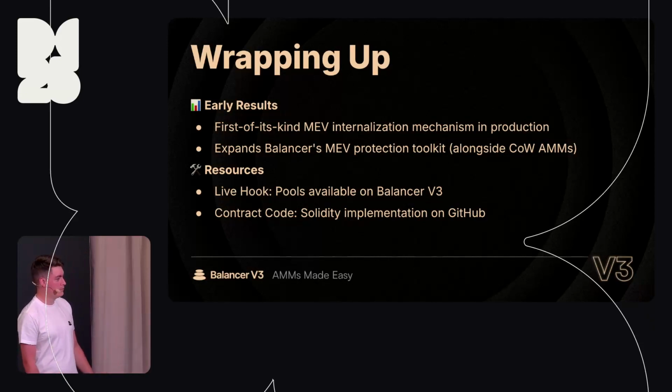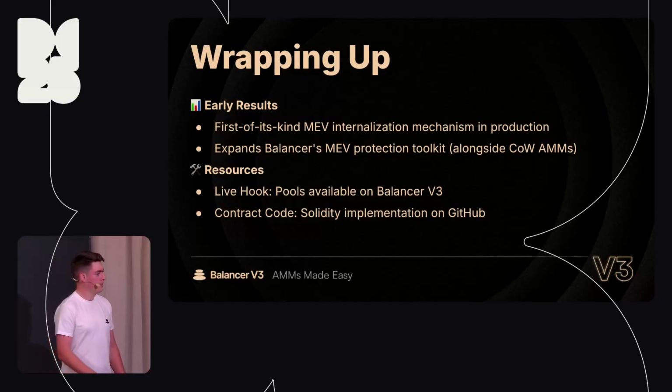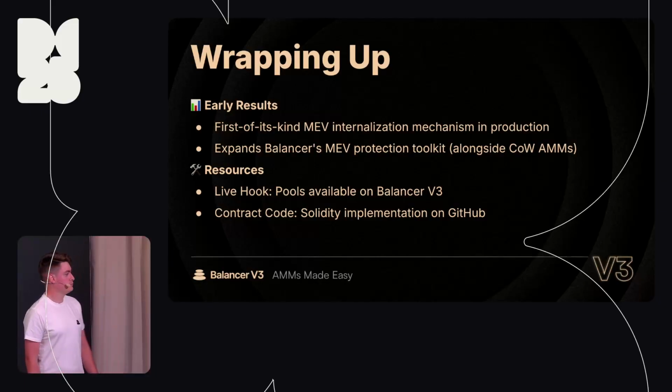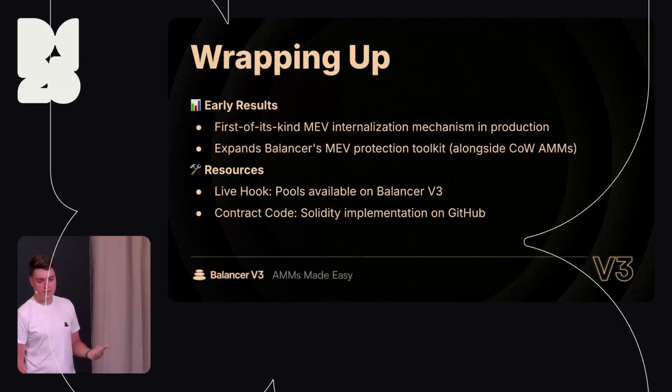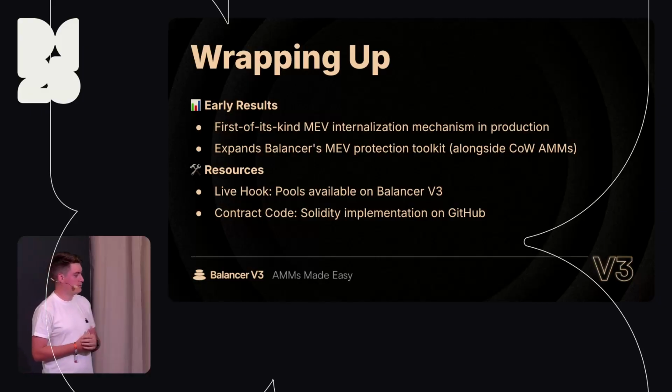We had CoW AMMs, built on Balancer V1, and live on mainnet and Gnosis, but now we also have this other product live on Base and could be live on other OP Stack chains, as I said, but we're focusing on Base right now. So pools are available on Balancer V3. You can find them on the UI. There's a filter there. You can find MEV capture, and you have the contract code. The Solidity implementation is on GitHub under the Balancer V3 monorepo.